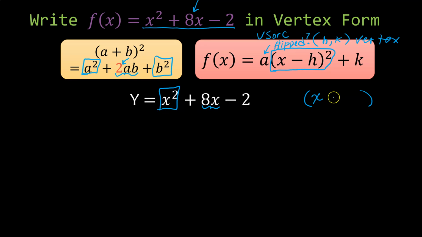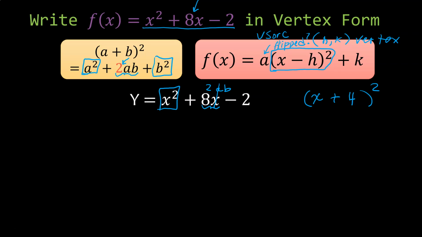So x is your first term in the perfect square, and since this is a plus, this is going to be a plus right here, and so this is your a. Then this has to be 2ab. Your a is x, so 2ab would have to be 8, therefore b would have to be 4.